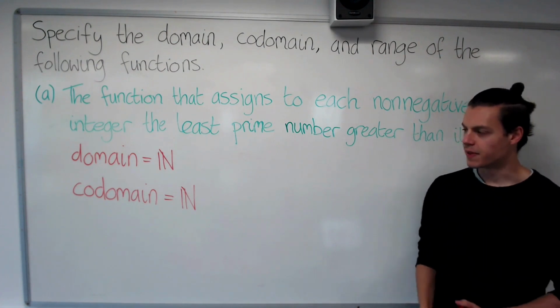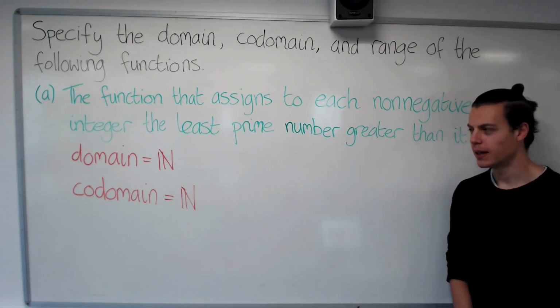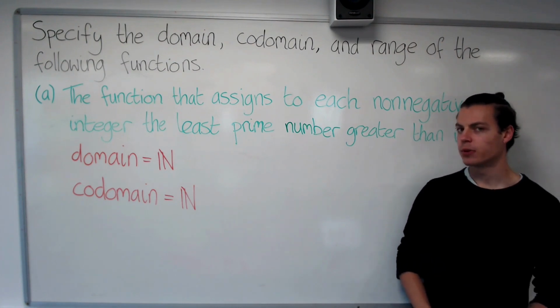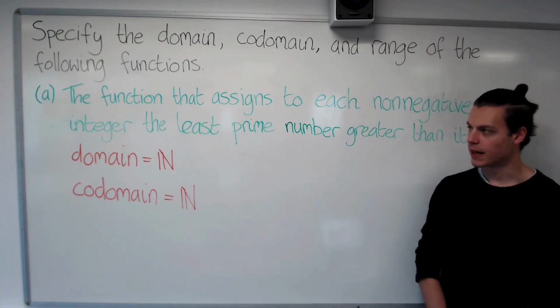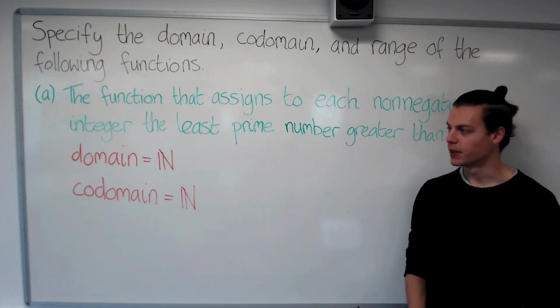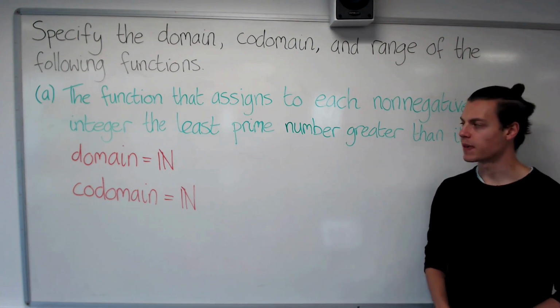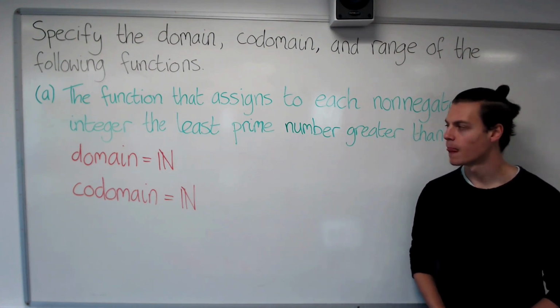Now, what is the range of this function? Remember, the range of a function is the set of values that the function does output, right? So this will be a subset of the codomain. In this case, this function outputs prime numbers, and in fact, it can output any prime number.